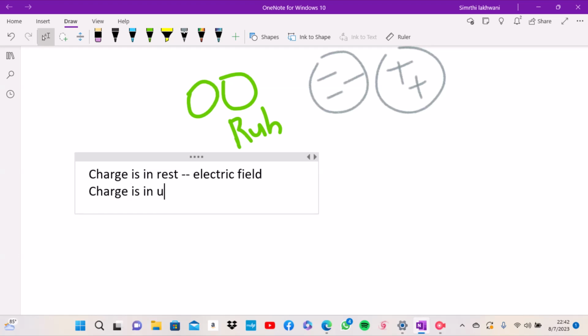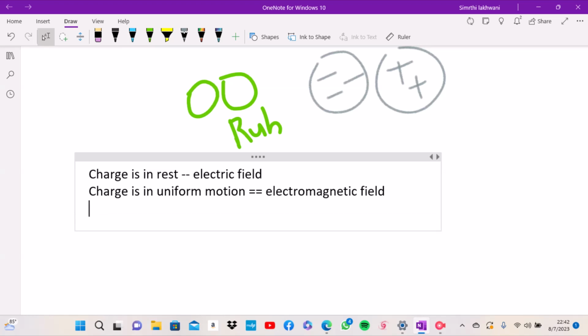But if the charge is in uniform motion, it will produce an electromagnetic field.